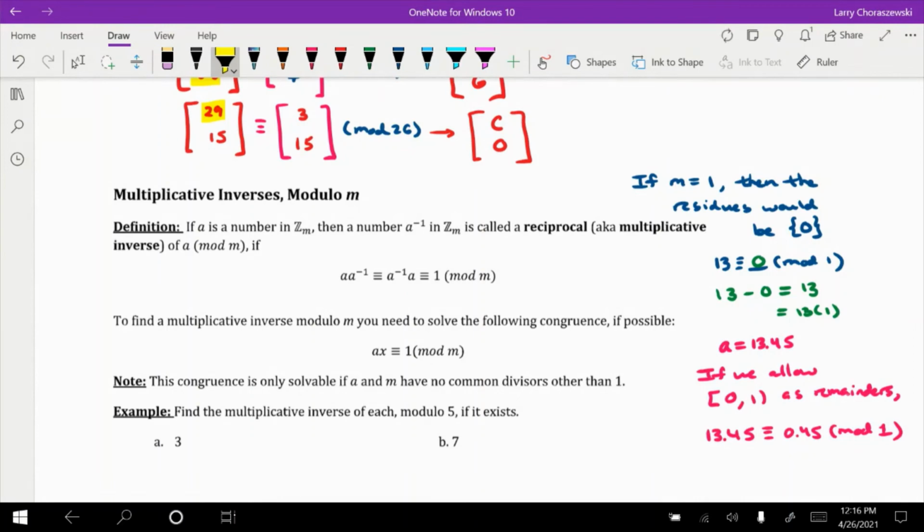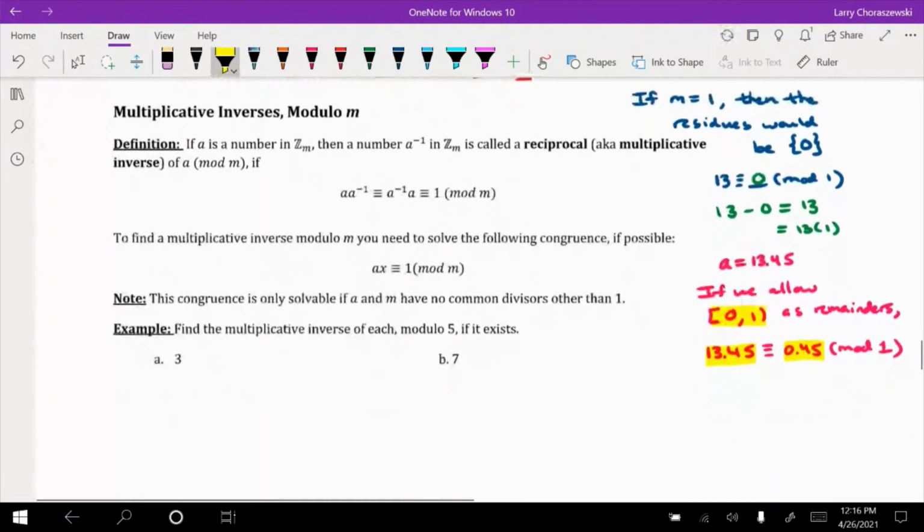So something like 0.45 wouldn't really belong in that set. But you're right. If you allow any number between 0 and 1 as remainders, then 13.45 is congruent to 0.45. You could establish that using our definition: 13.45 minus 0.45 gives us 13, which is a multiple of 1. So it checks out.